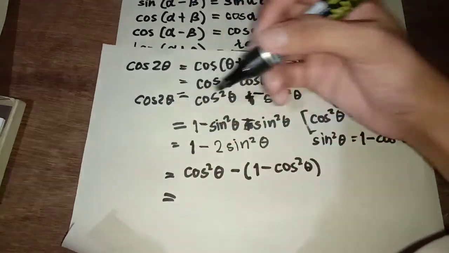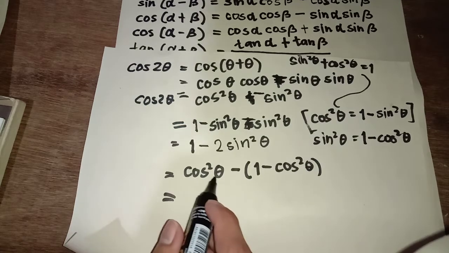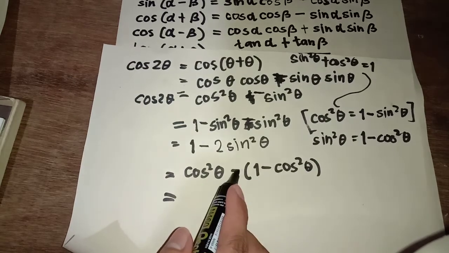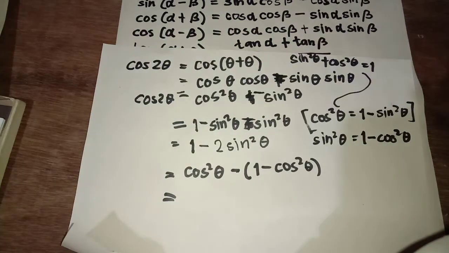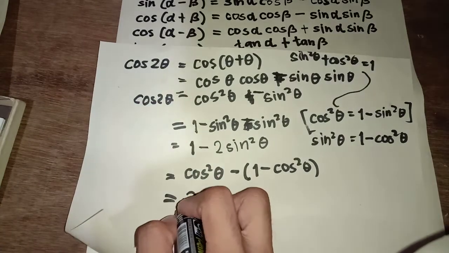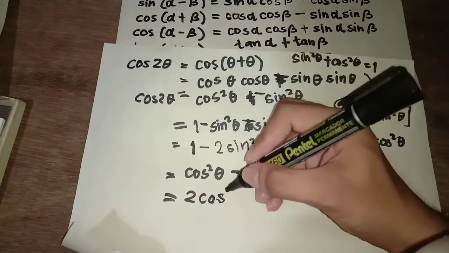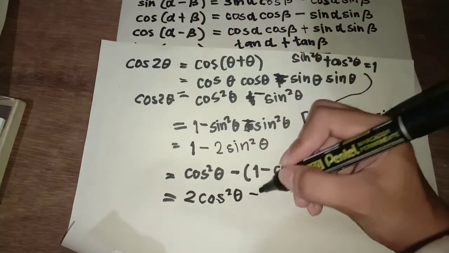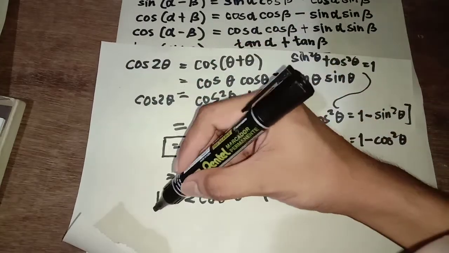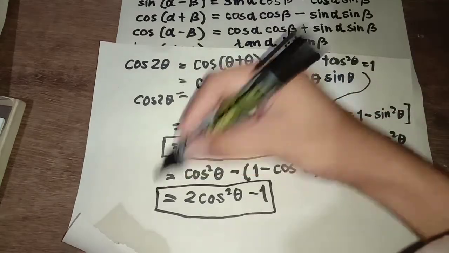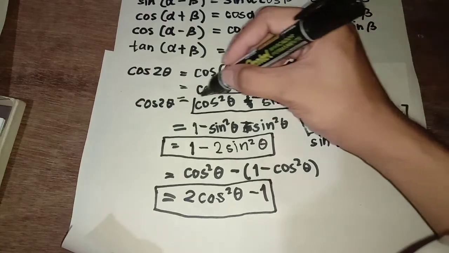So that is cosine squared theta minus 1, so this negative times negative will become positive. So that is cosine squared theta plus cosine squared theta, that is 2 cosine squared theta, then minus 1. So you notice that we have the double angle identity for cosine.